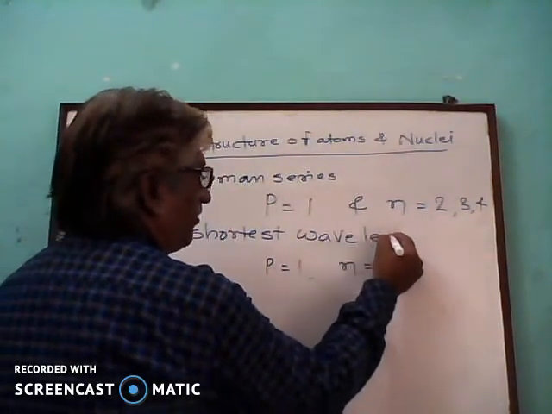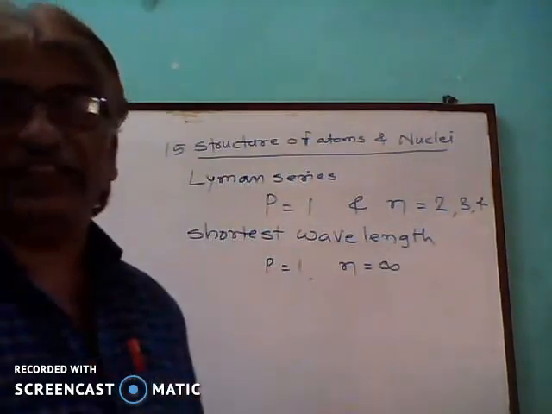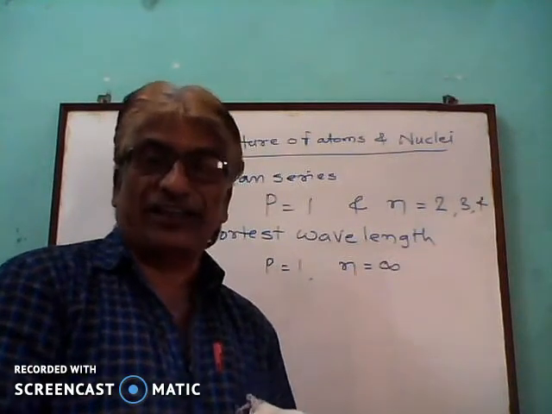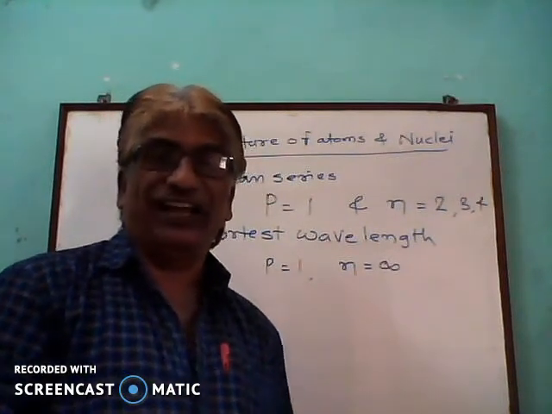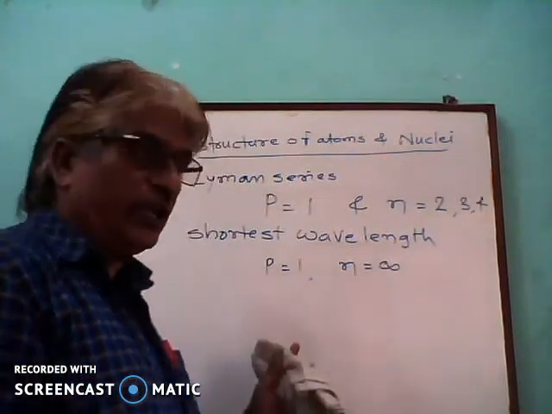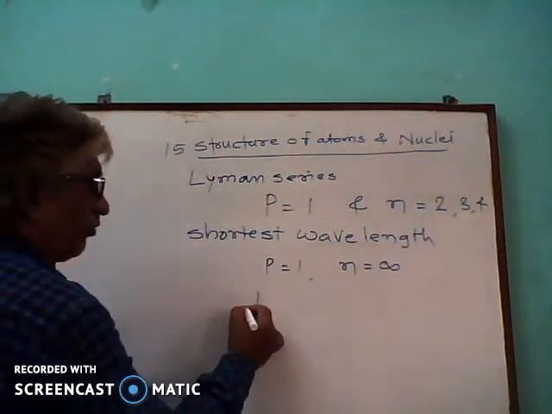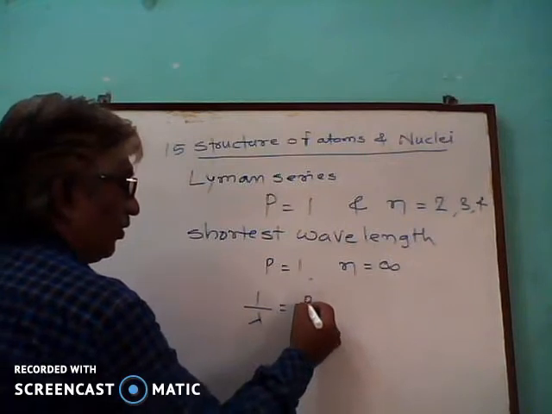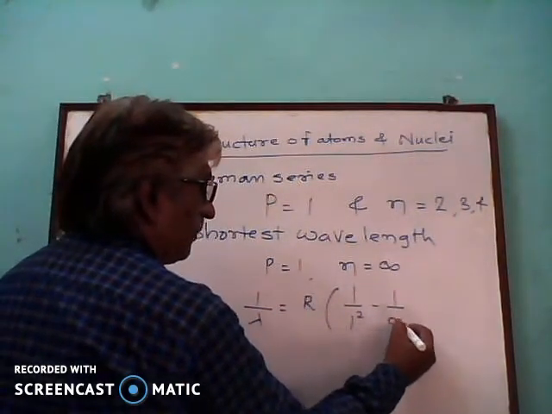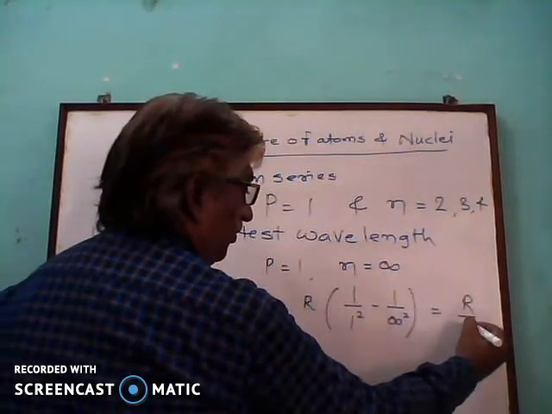Means two types of wavelength can be determined: longest wavelength and shortest wavelength. For longest wavelength, p equal to 1 and n equal to 2. But for shortest wavelength, p equal to 1 and n equal to infinity. Then using the formula, 1 upon 1 square minus 1 upon infinity square, that is R upon 1.